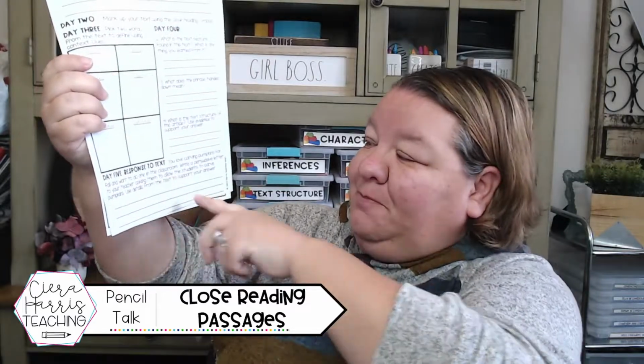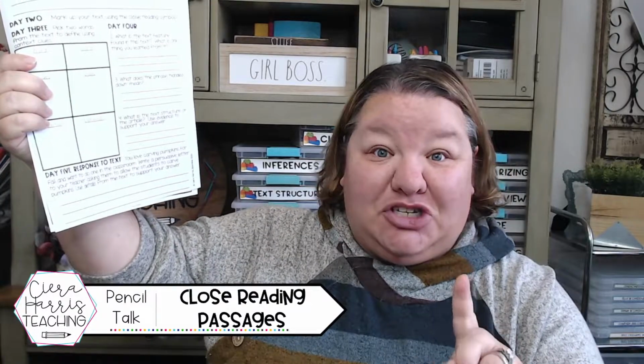So down here, this one says, you love to carve pumpkins for fall and you want to do one in the classroom. Write a persuasive letter to your teacher asking them to allow students to carve pumpkins. Use details from the text to support your answer. And you can provide another piece of paper if you need to, if they really want to go all out and write that.